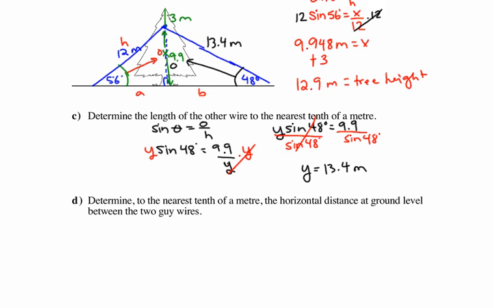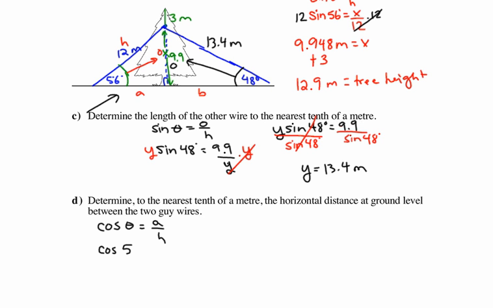Okay, so in the first triangle, I'm looking now for my adjacent with the 56 degree angle. I want that A, and I know my opposite, I know my hypotenuse. I'm going to use my hypotenuse because that's a given value instead of a calculated value. So we know adjacent and we know hypotenuse, we want adjacent. That's going to be cosine. So cos of our angle is A over H. We're using the very first triangle here.